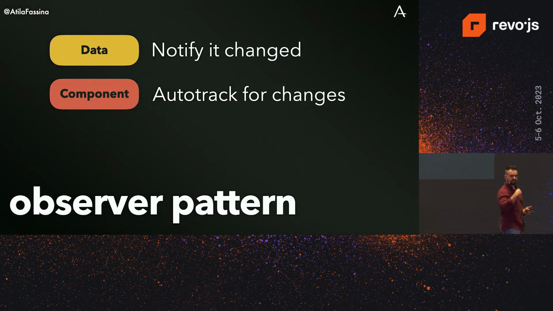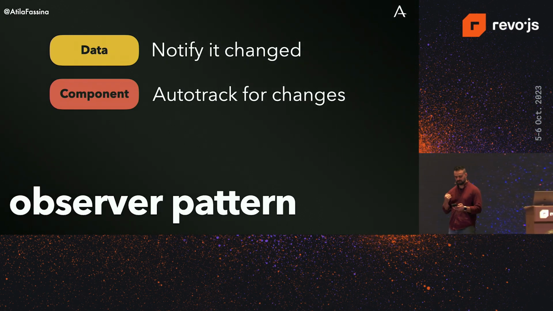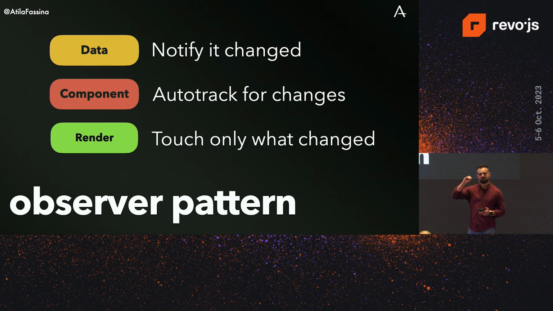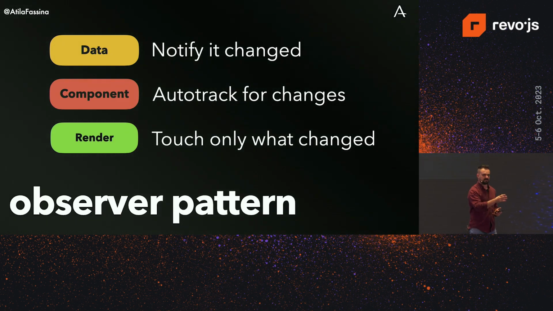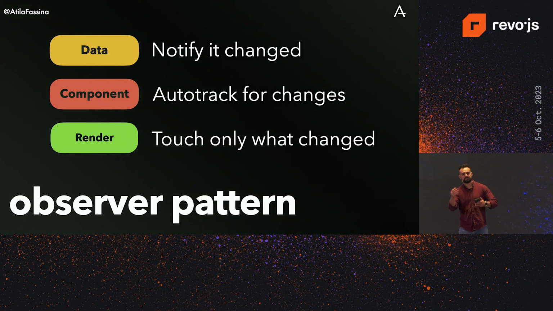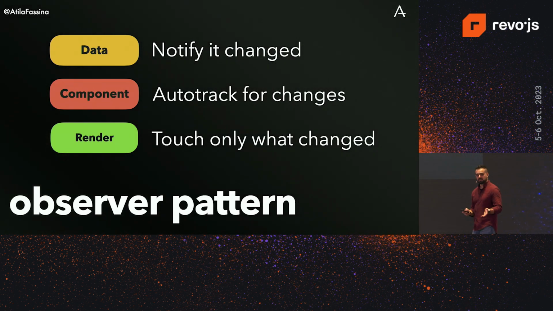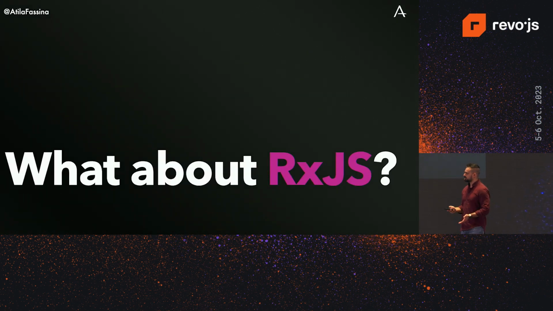So we have the data pushing the changes, we have the component pulling the changes, and then we get the render engine that's going to touch only that thing. So then you don't take out the HTML tag and then put back an HTML tag with a different content. You just update the content. That's the idea.